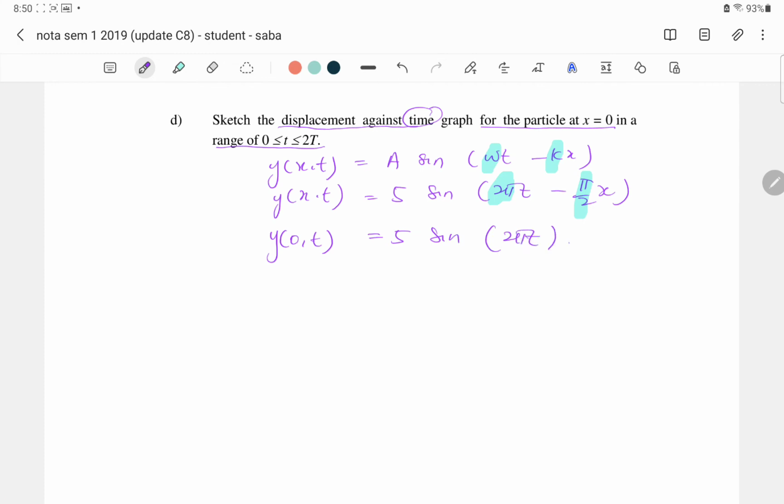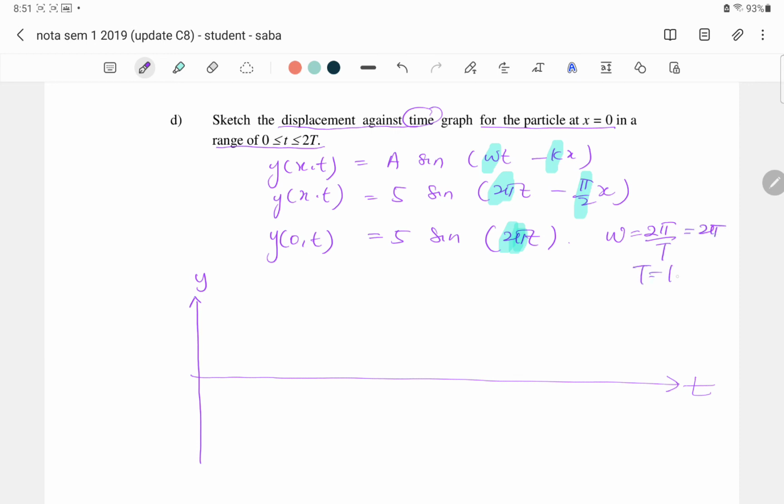Okay, so kita nak dapatkan dulu dia punya period. Sebab kita nak plot graph of y versus t. Okay, y versus t, the one sinusoidal or complete oscillation is our period. So this one is omega. So we can have your omega is 2 pi over t equal to 2 pi.